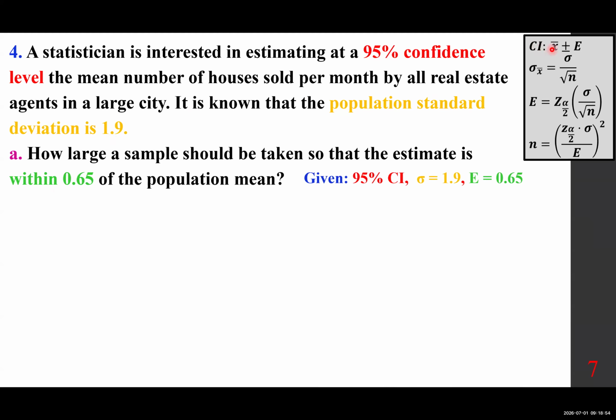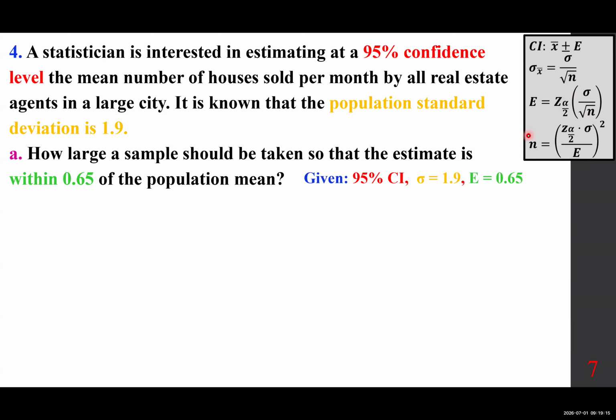Confidence interval for the population mean is X bar, sample mean, plus minus E. Sigma of X bar is sigma over square root of N. E is Z alpha over 2 times sigma over square root of N. And if you solve this for N, N becomes Z alpha over 2 times sigma over E, quantity squared.